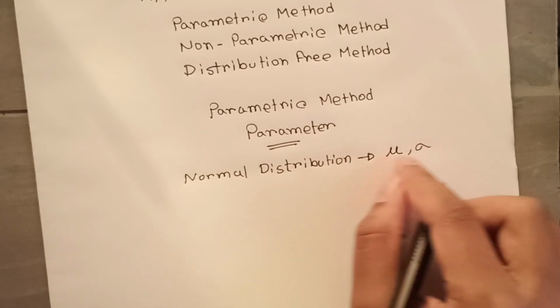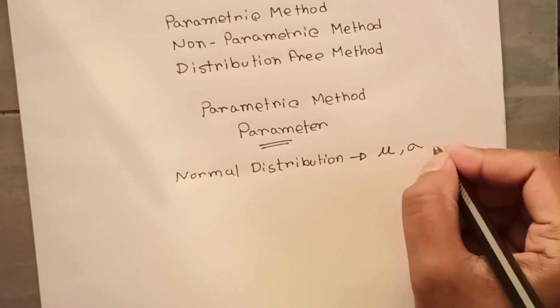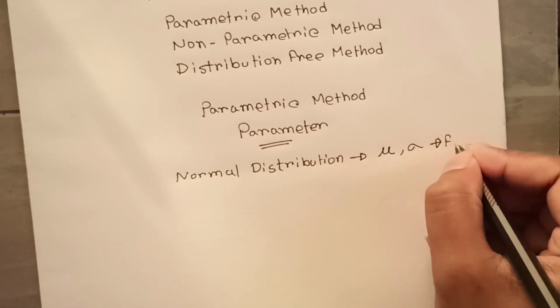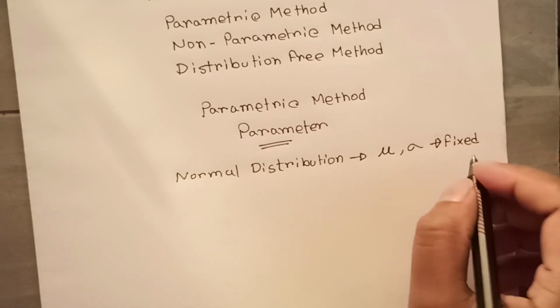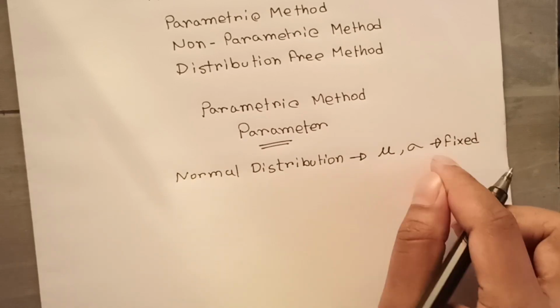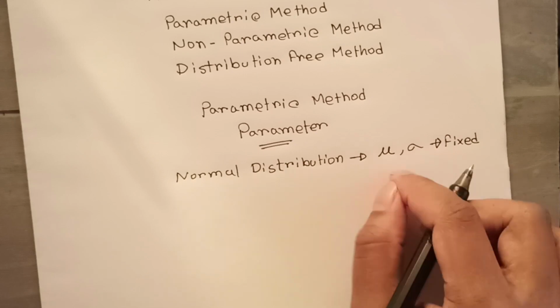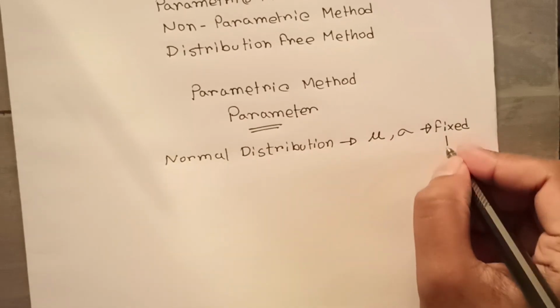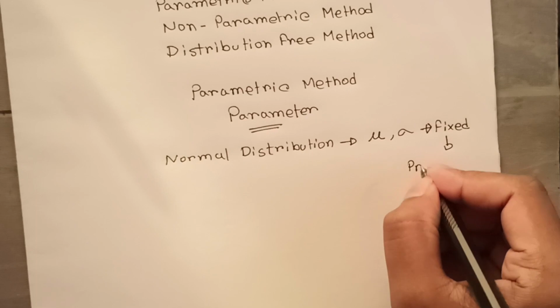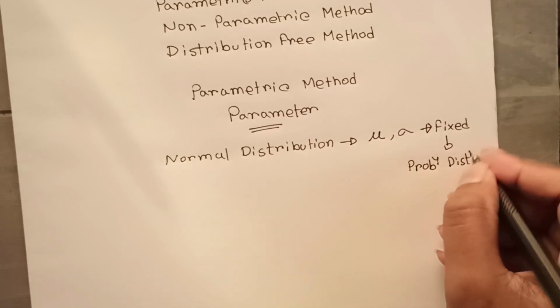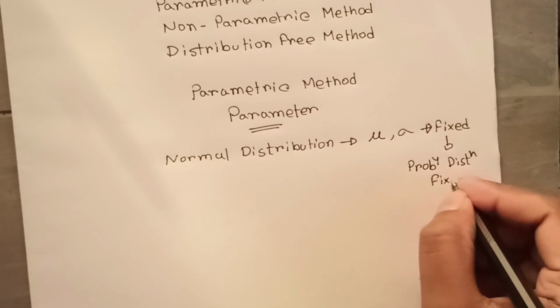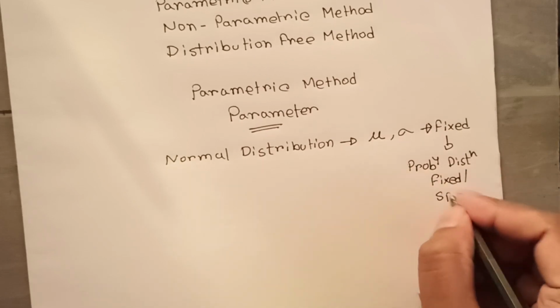These two parameters are fixed in the normal distribution. What do these fixed parameters do in the distribution? These fixed parameters make the probability distribution fixed or specific.